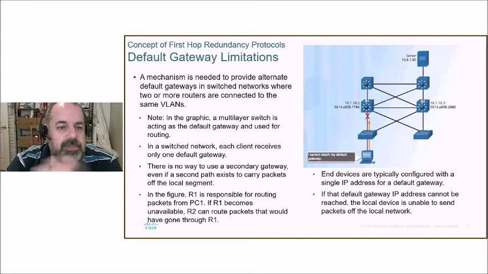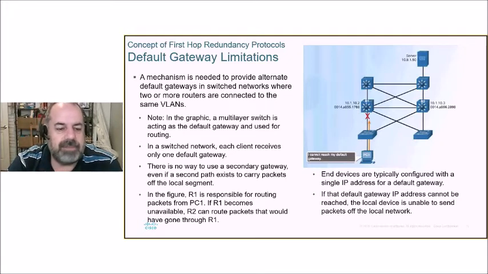So a mechanism is needed to provide alternate default gateways in switched networks where 2 or more routers are connected to the same VLAN. Note in the graphic, a multi-layer switch is acting as a default gateway and used for routing. In a switched network, each client receives only one default gateway. There is no way to use a secondary gateway, even if a second one does exist, to carry packets off the local segment. In the figure, router 1 is responsible for routing packets for PC1.